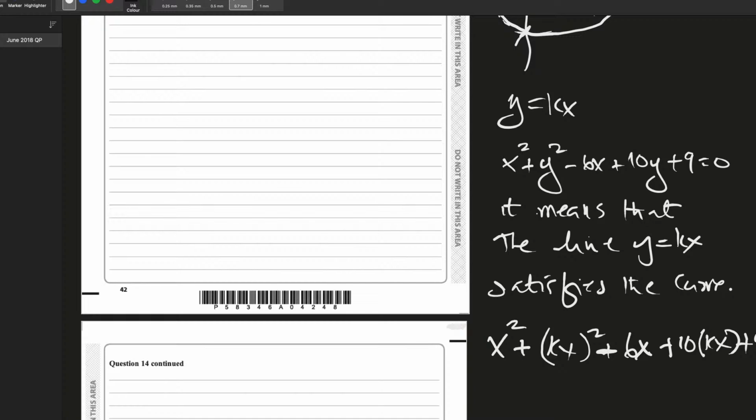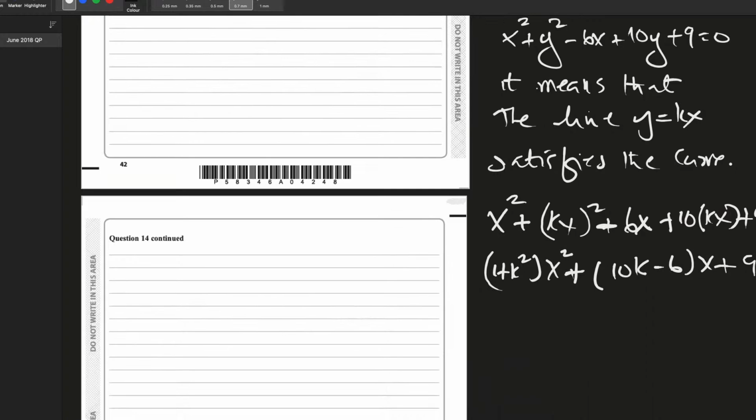So we can simplify this. We can say that 1 plus k squared into bracket x squared, plus 10k minus 6 into bracket, and we bring x out. Then our last bit will be plus 9 is equal to 0.